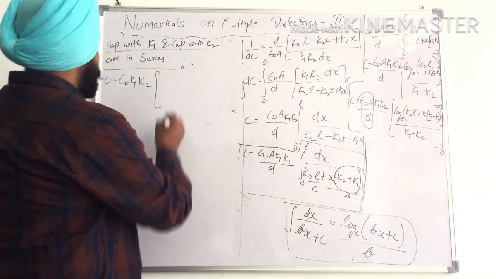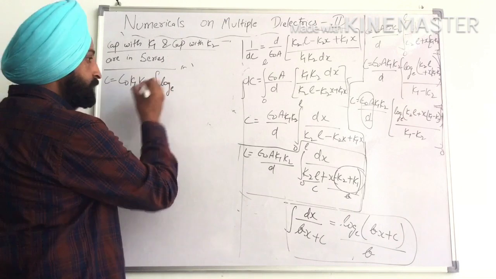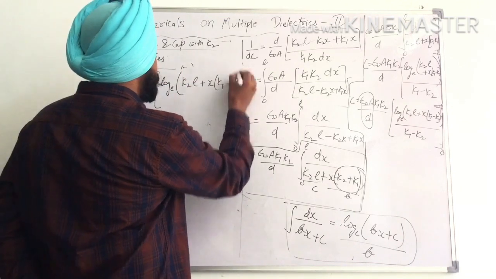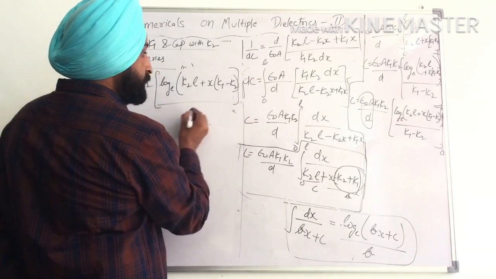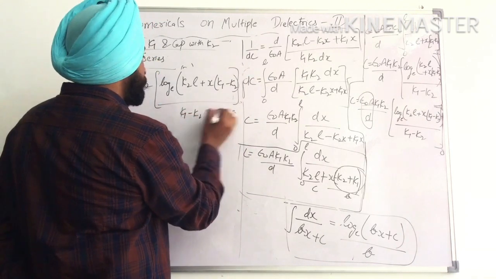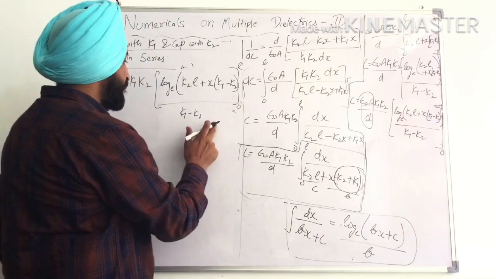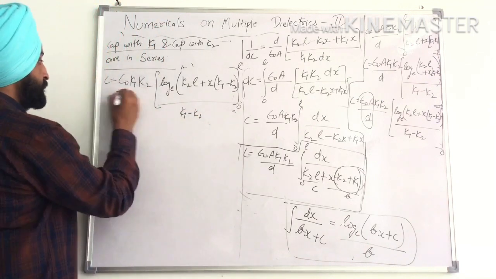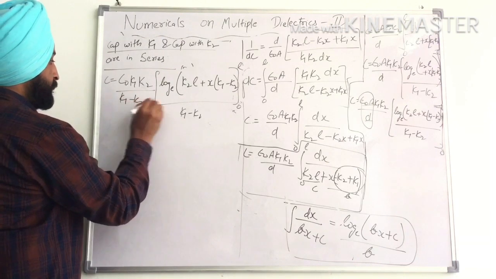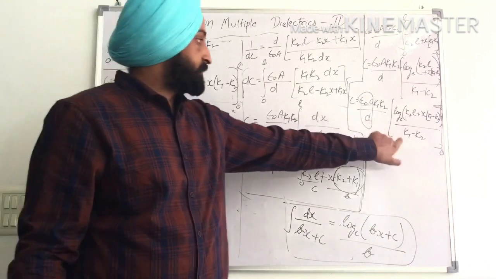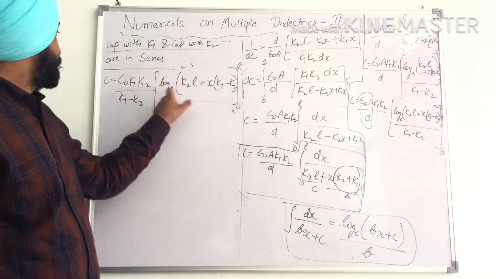Now, this is K1 minus K2 divided by K1 minus K2, 0 to L. See, this K1 minus K2 does not contain any x, so I can also take it as a constant. So we will have to substitute the limits in this.